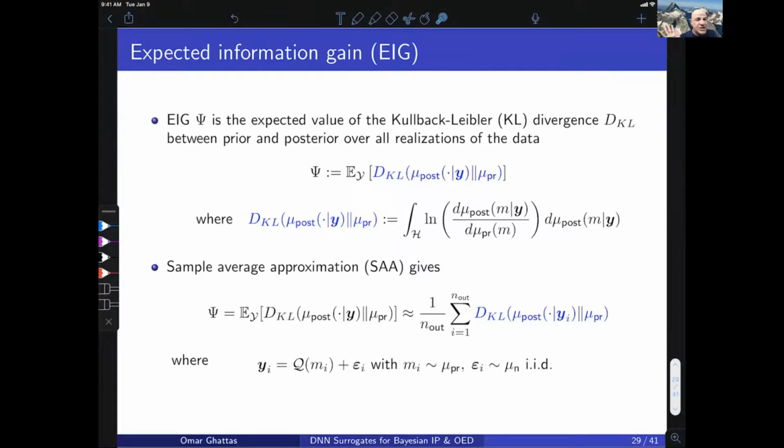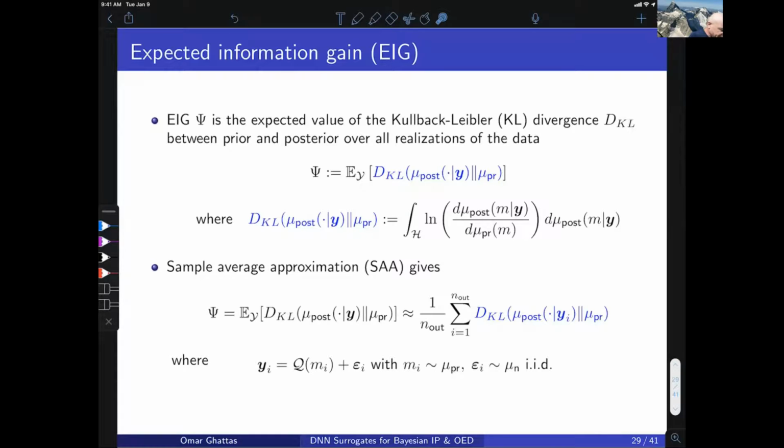There are many different criteria one could use, different utility functions. The utility function we use is the expectation over the data of the Kullback-Leibler divergence between the prior and the posterior. The Kullback-Leibler divergence is given by the expectation of the log of the posterior over the prior with respect to the posterior. This is the double whammy, the double intractability of OED.